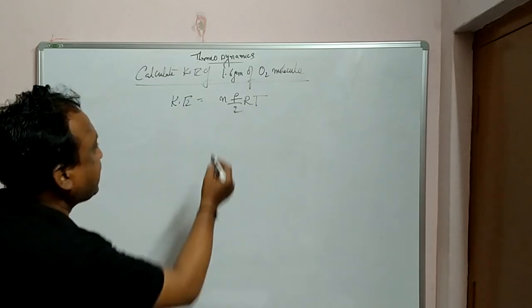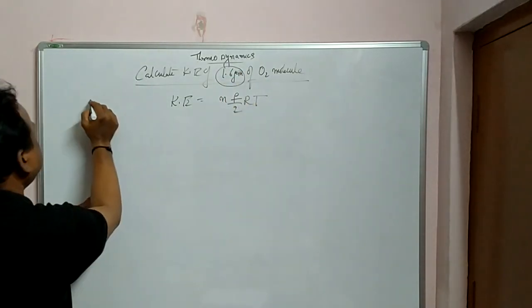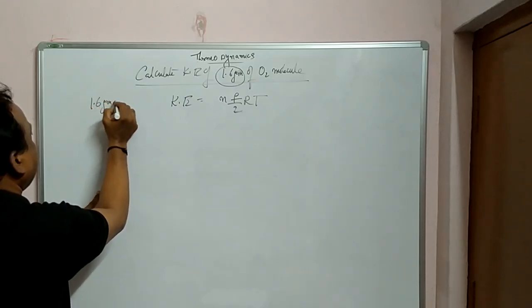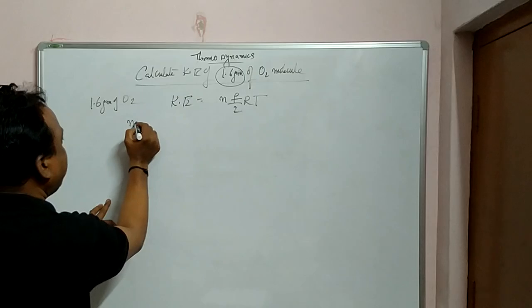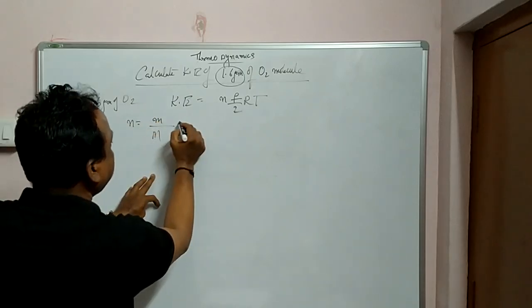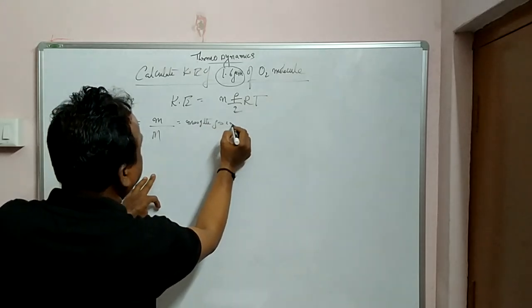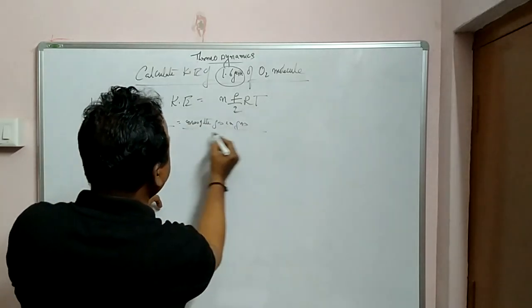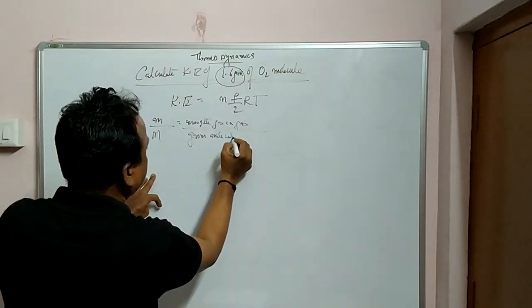What is given here? 1.6 grams of O2 molecule. How to get the number of moles? n is small m by capital M, that is, mass of the gas in grams by gram molecular weight.